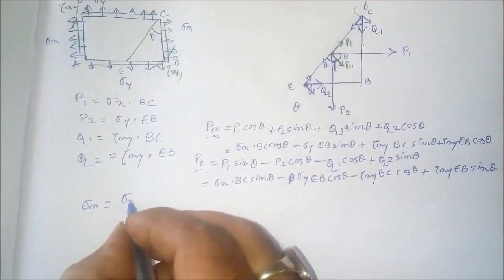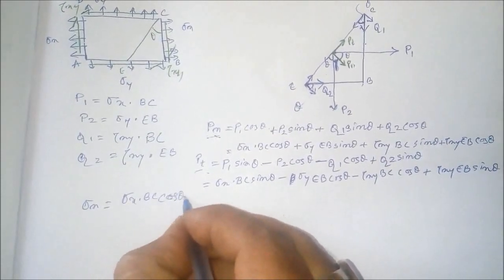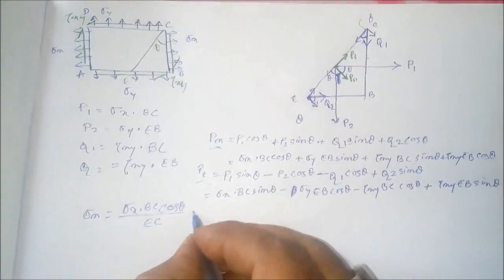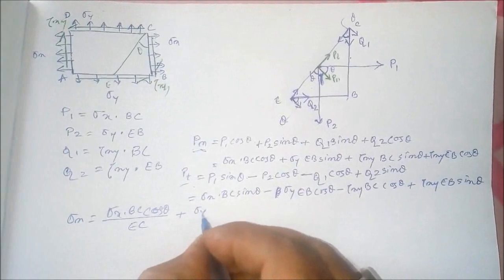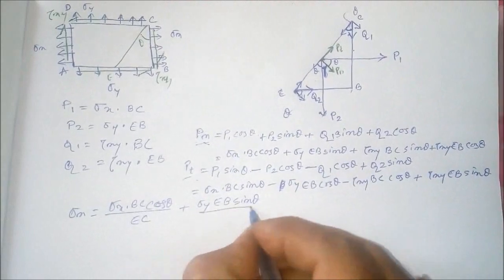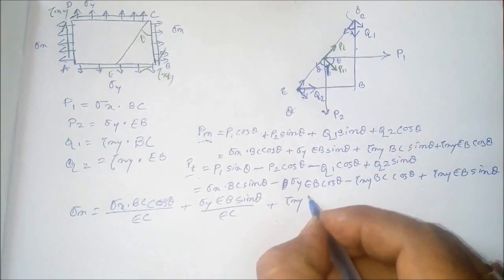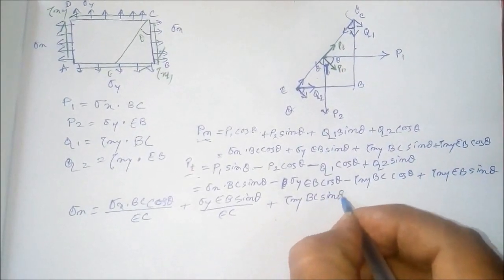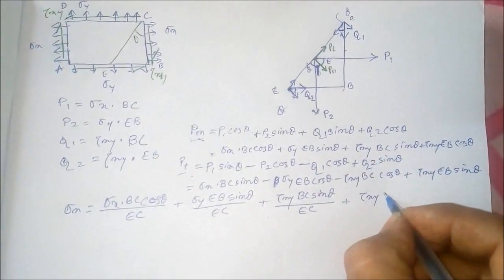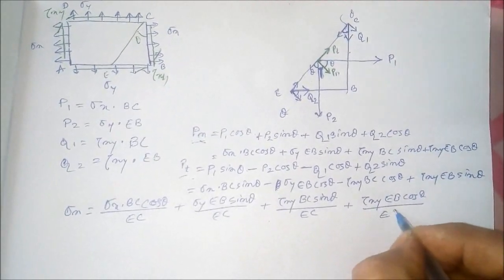A force is sigma x bc cos theta divided by the area, that is EC, plus sigma y EB sin theta divided by EC plus tau xy BC sin theta divided by area EC and plus tau xy EB cos theta divided by area EC.